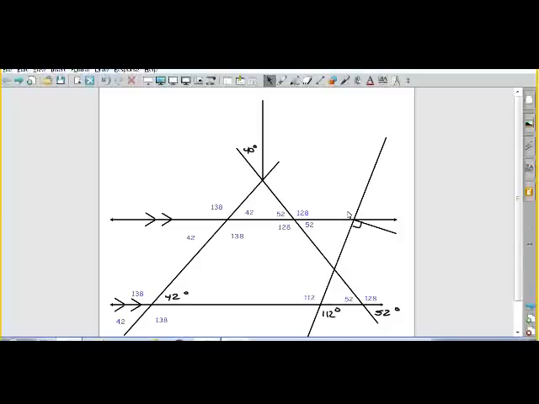So let's go ahead and figure out some angles up here that are 112. So which one of the angles? That one right there, yep. So this one's going to be 112.